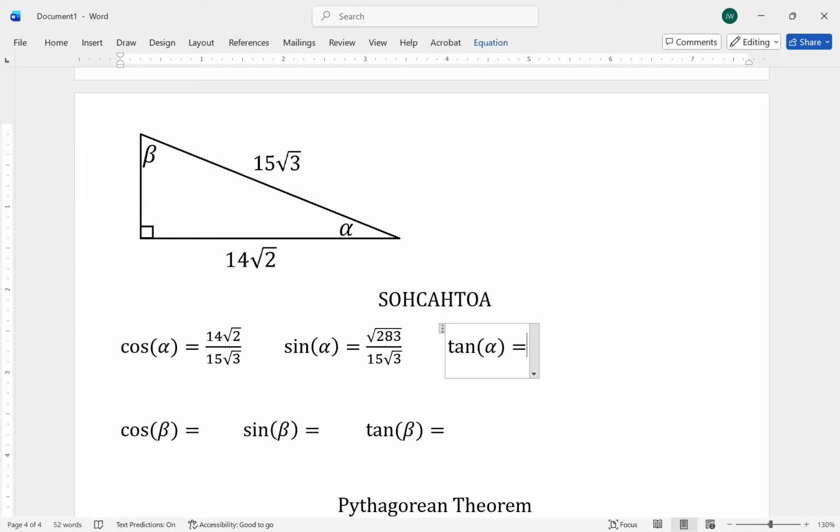So I'm not going to deal with that, but there we go. I'm just going to leave it as the exact version. Tangent is going to be opposite over adjacent. The opposite of alpha is square root of 283. That's the one over here. Divided by the adjacent to alpha, which is 14 times the square root of 2.